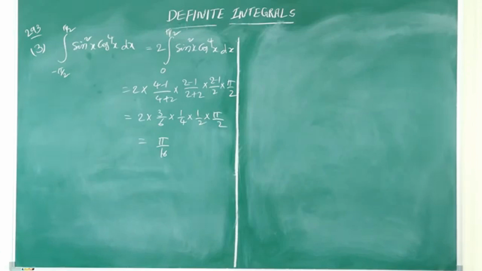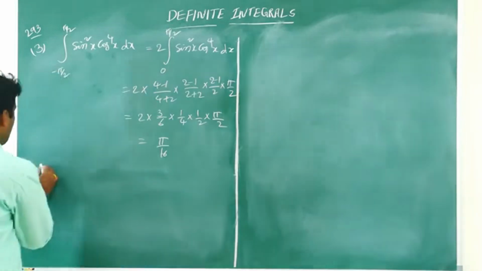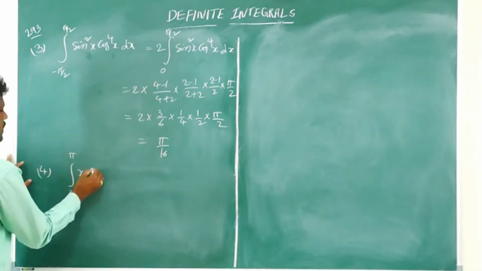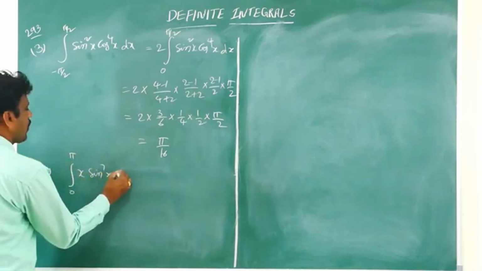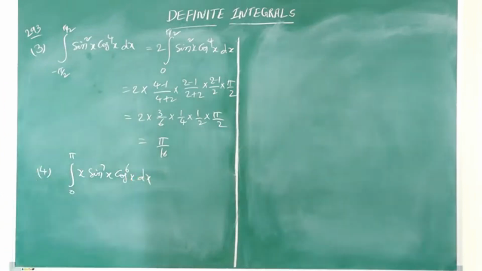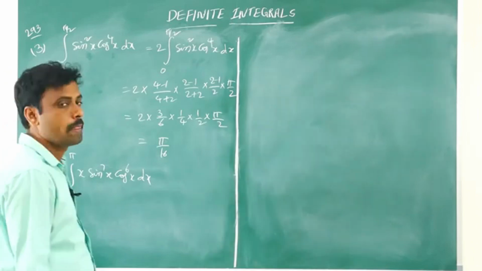Next, fourth one. Find integral 0 to pi x into sin power 7x into cos power 6x dx.